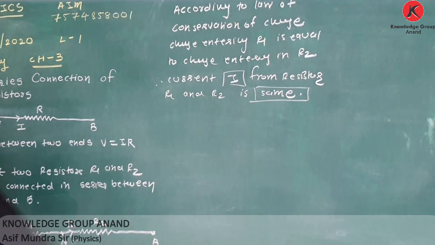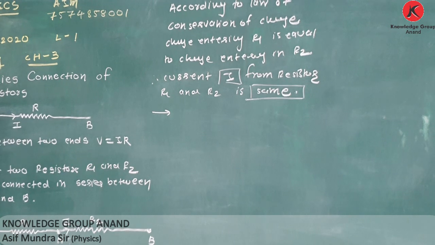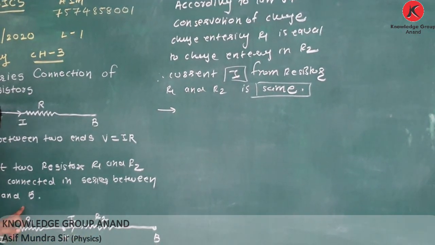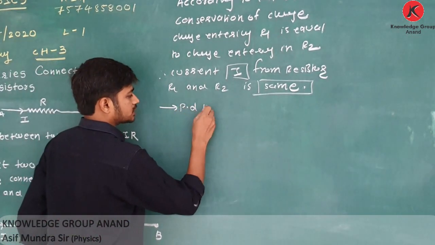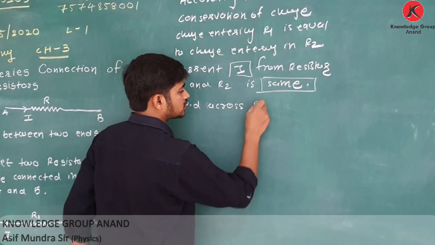Now what about potential difference? Current flowing from first resistor is I. Current flowing from second resistor is also I, but their resistances are R1 and R2. What is potential difference across R1?